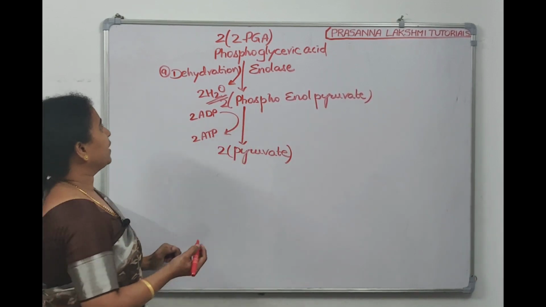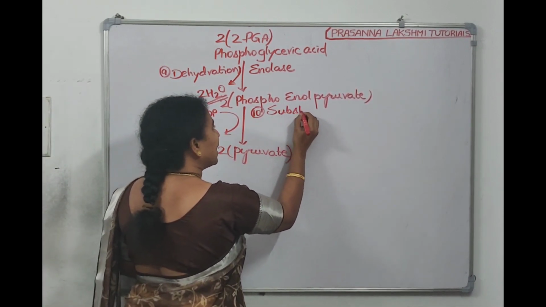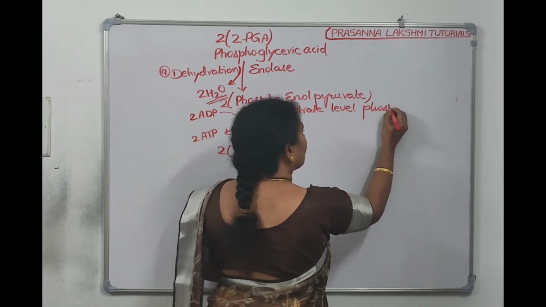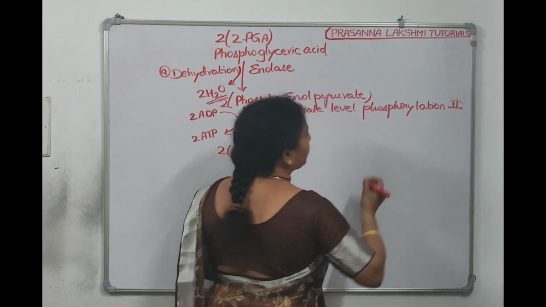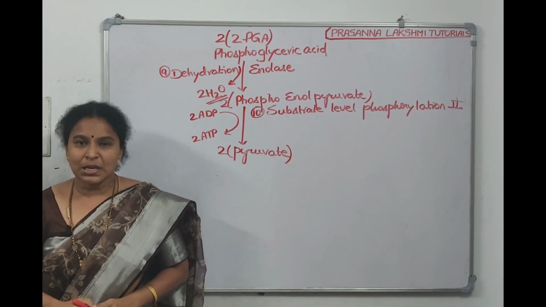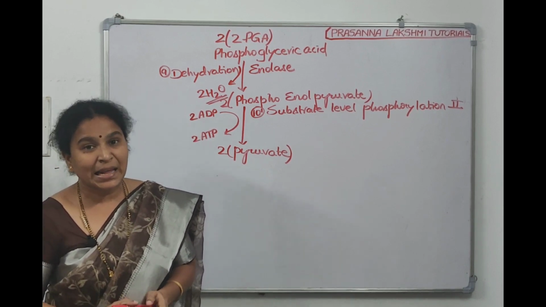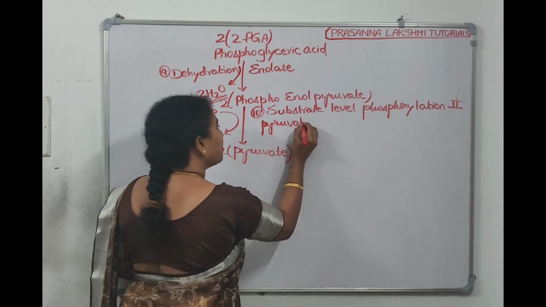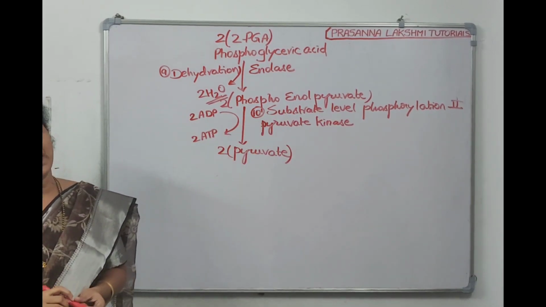Substrate is giving phosphate, so the 10th reaction is called substrate level phosphorylation 2. Substrate level phosphorylation 1 we have seen in the 7th reaction. The enzyme will be called pyruvate kinase. What is the name of the last enzyme? The last enzyme is called pyruvate kinase.